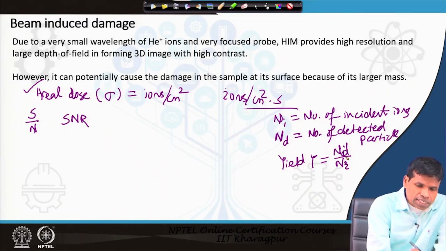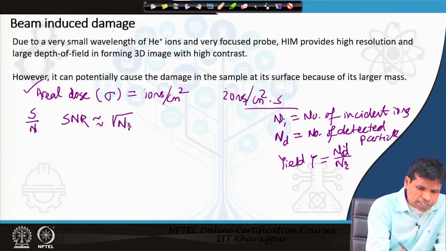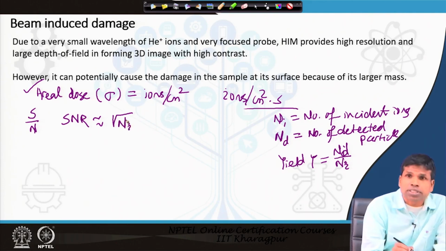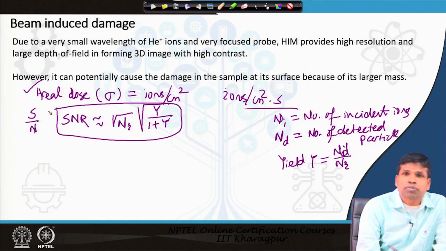So, we can write the signal to noise ratio as root over Ni, the average number of ions incident on this specimen, which is equal to root over of y divided by 1 plus y. This we can call signal to noise ratio, or it is nothing but the signal to damage ratio in this case, because we want less damage and more signal.